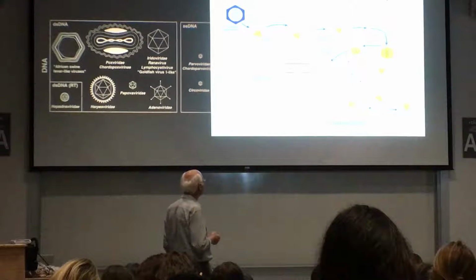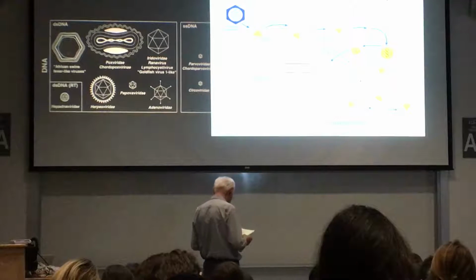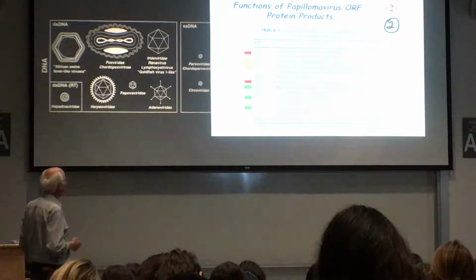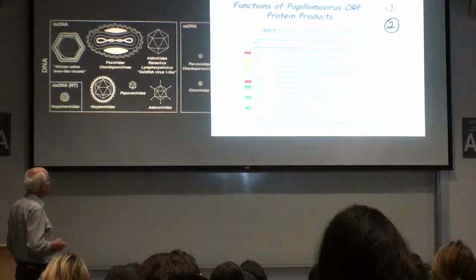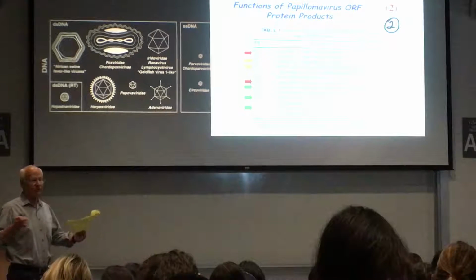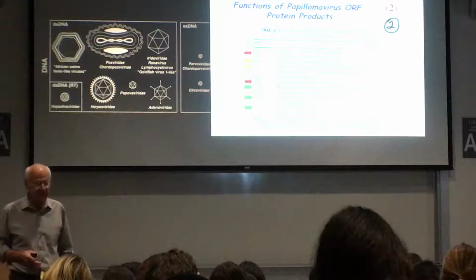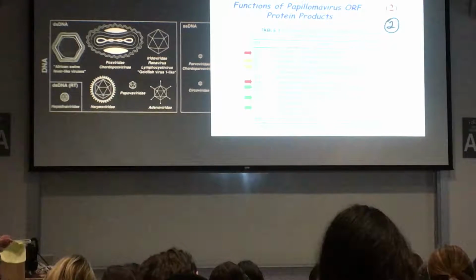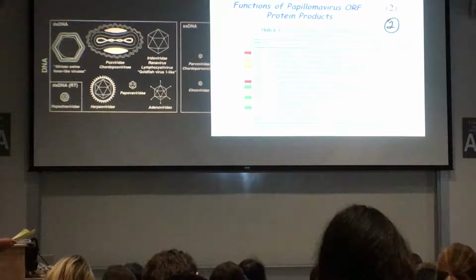So E2 is in 2 positions on your map. And then E3 and E8, as far as I'm aware, the functions are still a bit elusive in terms of precisely what these proteins are doing.